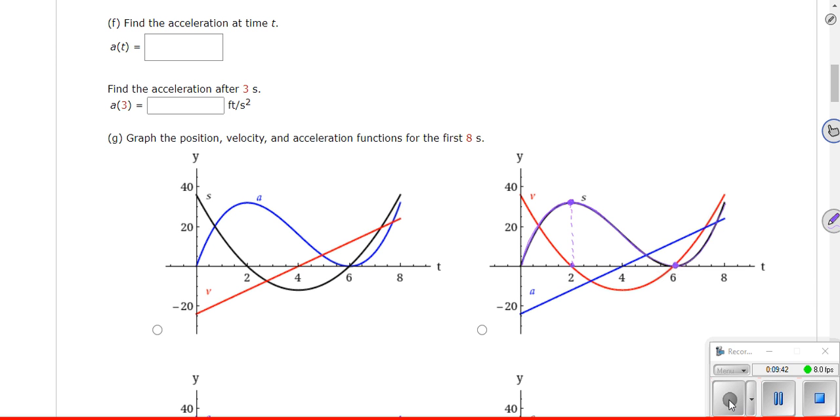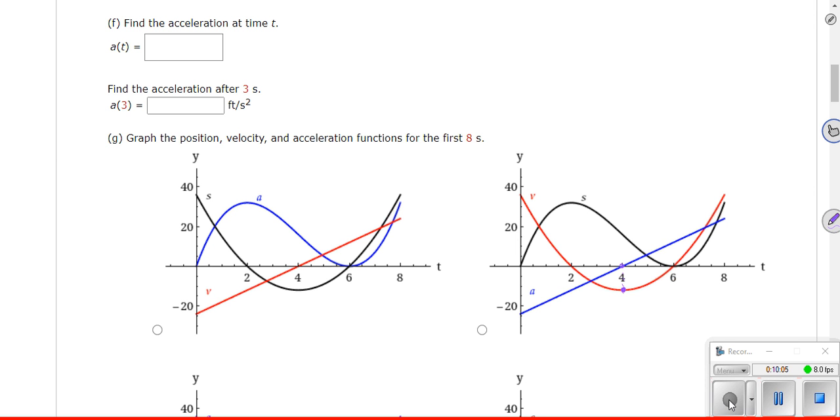And then I'll let you figure out again that acceleration is the derivative of velocity. So if you were going to use the same rationale, if you were tracing your velocity function, where your velocity function changes direction, like right here, your acceleration function should be 0.